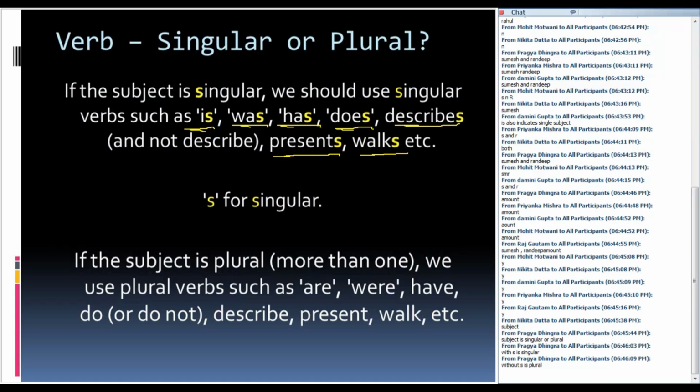But if the subject is plural, then we will have to use plural verbs. And you can see plural verbs never end in an S. Plural verbs are verbs like are, were, have, do or do not, describe, present, walk, talk, swim, study. So it is very simple to identify.